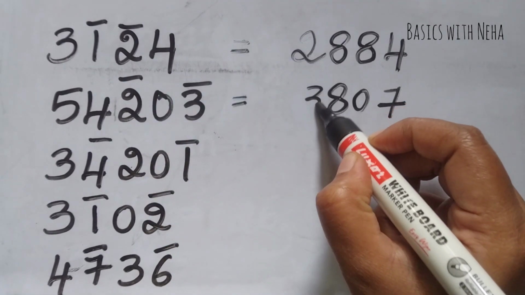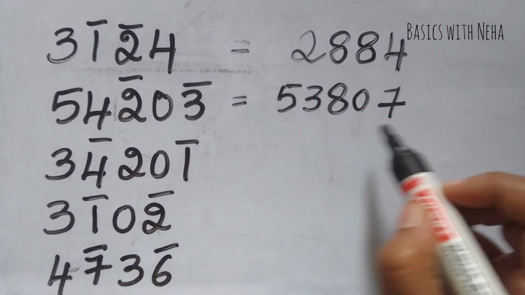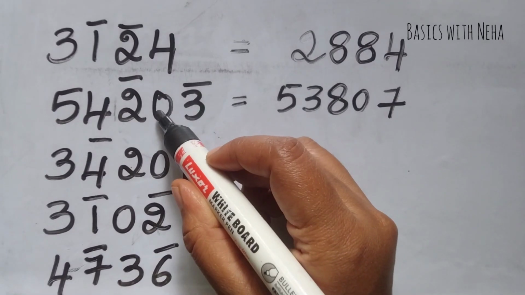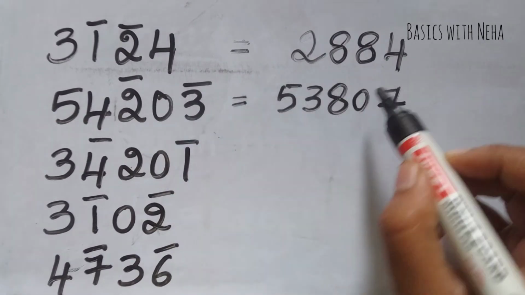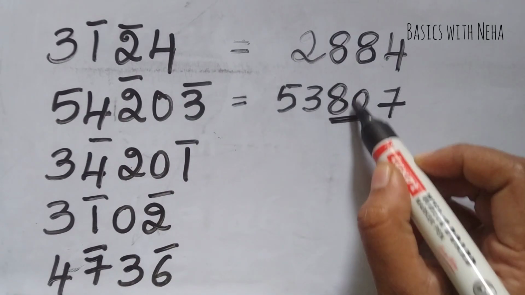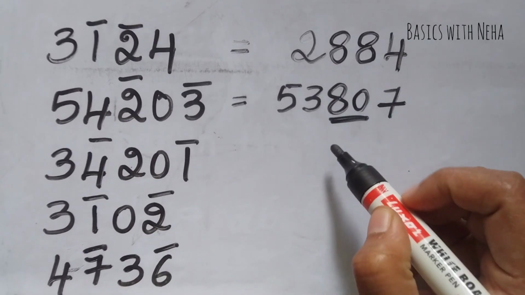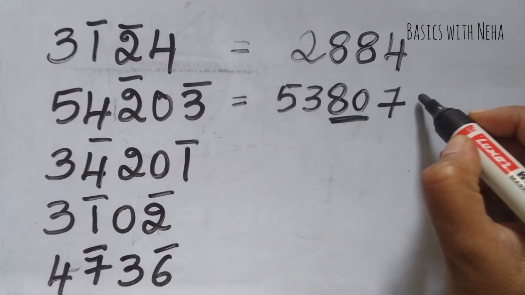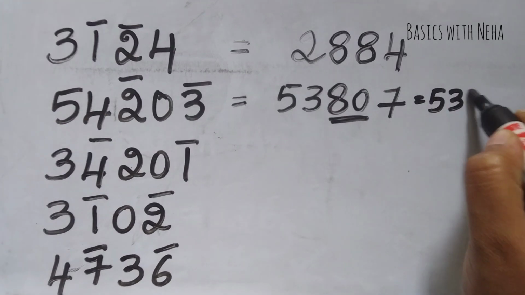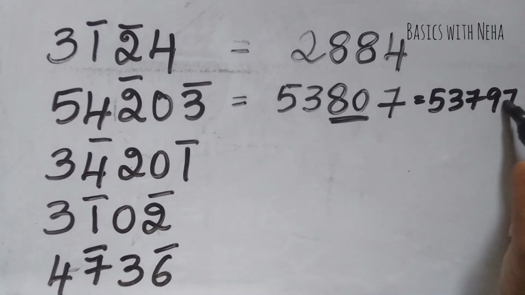Remember, we did 3 and we did not decrease the previous number because it was 0. So we'll have to decrease this whole number 80 to 79. So my final answer to this question will be 5, 3, 7, 9, 7.